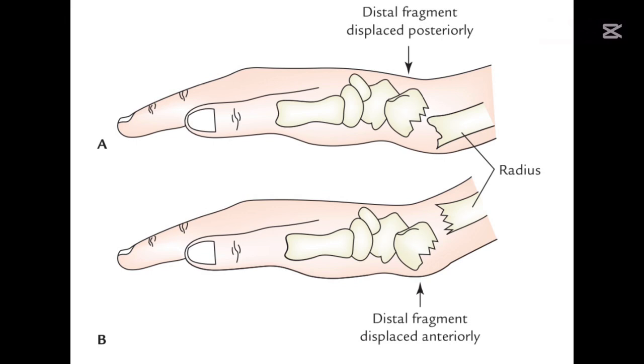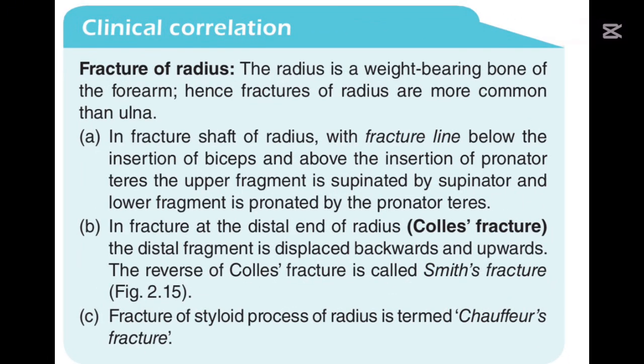Now in Colles fracture, when you fracture that distal end, the bone will move upwards and backwards. In Colles fracture, up and back. But for Smith fracture, it will move forward and downwards, while Colles fracture moves upwards and backwards.